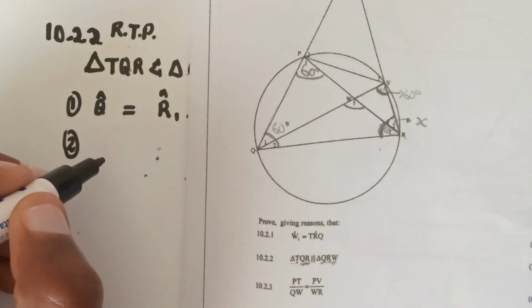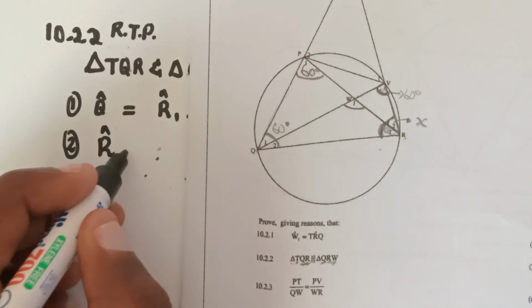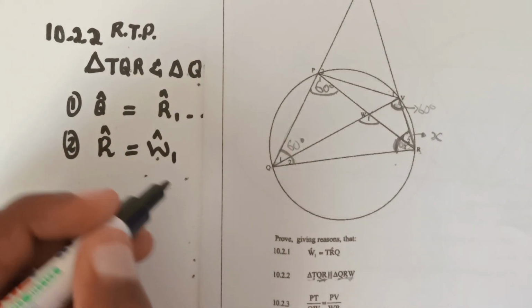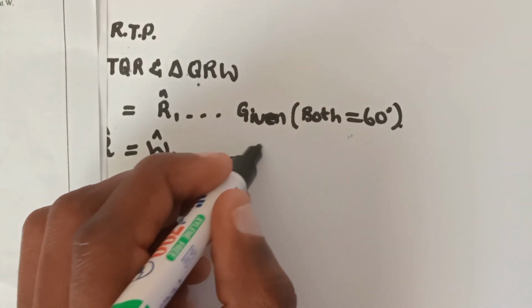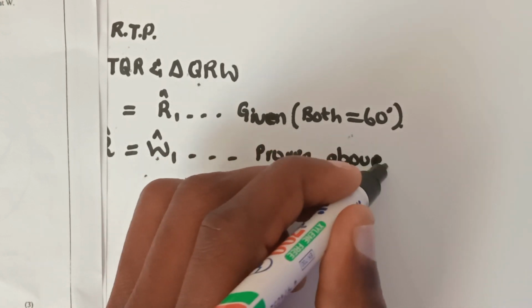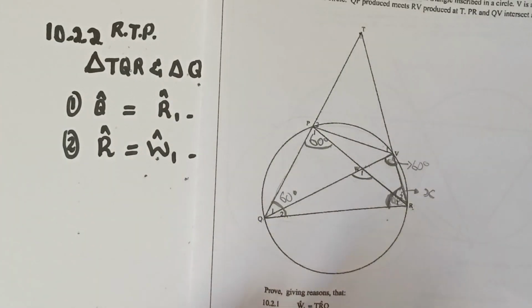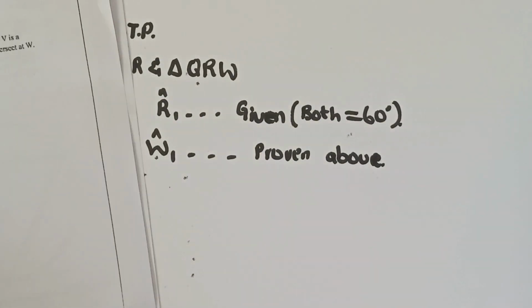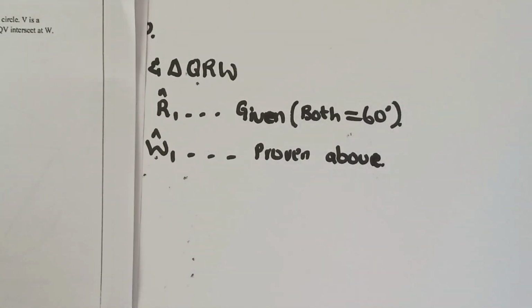So we can just say angle R from the bigger triangle is equal to angle W1 from the smaller triangle, and then we can just say proven above. That is the reasoning for this one, since we did prove it on 10.2.1.